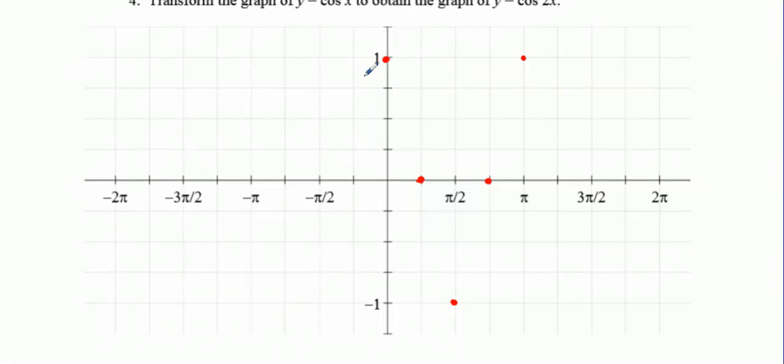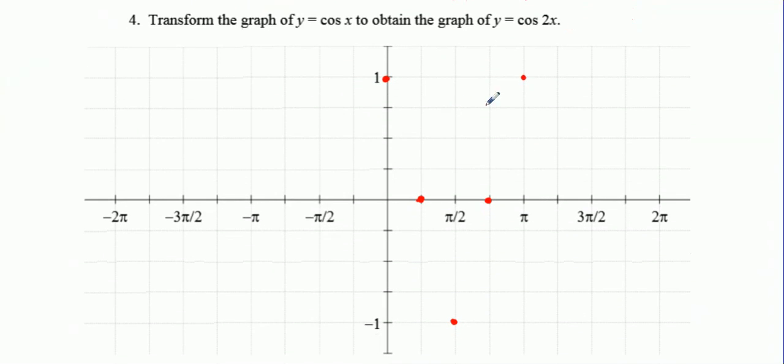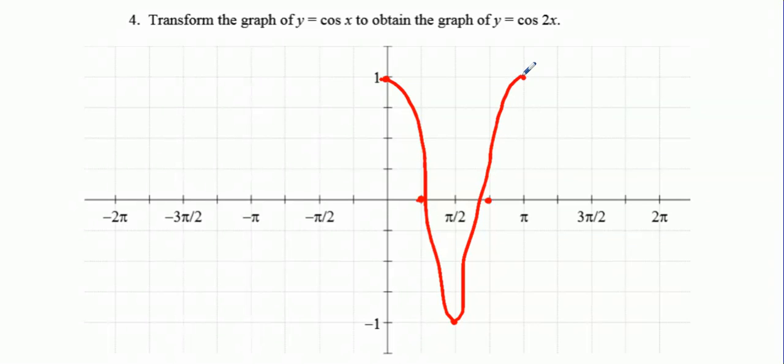So what we've got here, this was cos, is one cycle over pi instead of over 2 pi.